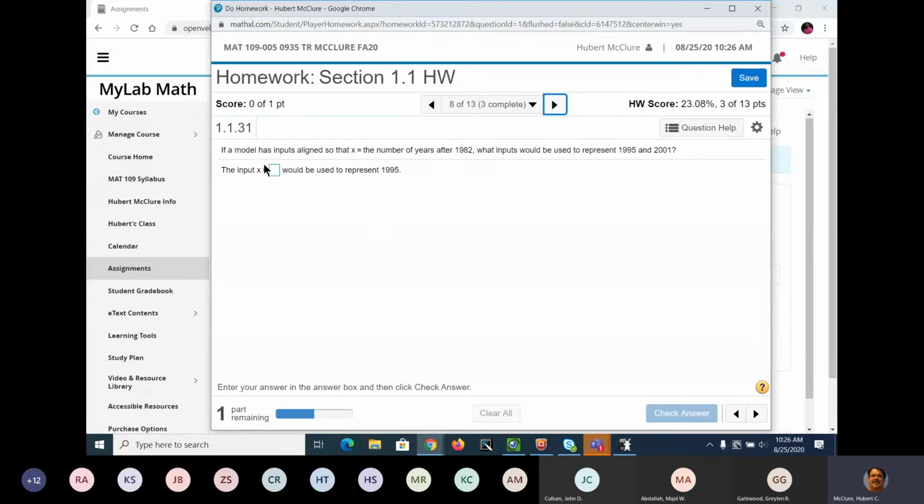If a model has inputs aligned so that x is equal to the number of years after 1982, what inputs would be used to represent 1995 and 2001? Well, for 1995 from 1982, somebody do that in a calculator, please. That'd be 13. So 13 would represent 1995.